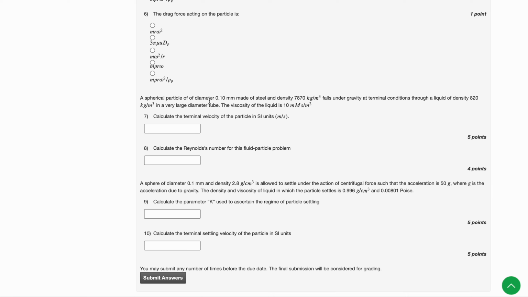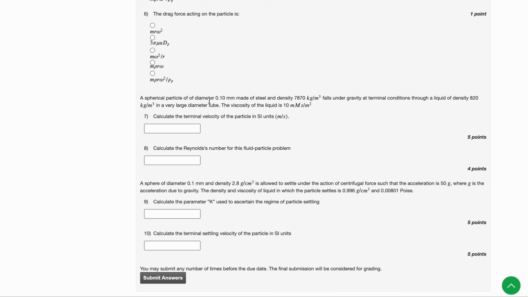A spherical particle of diameter dp equal to 0.10 millimeter, that means 10 raised to minus 4 meter. So radius of the particle ap will be equal to 5 into 10 raised to minus 5 meter.